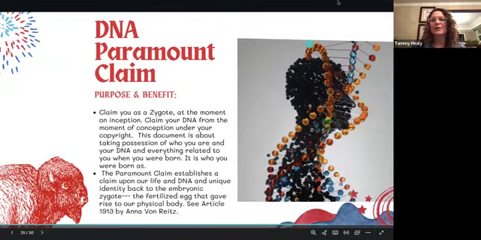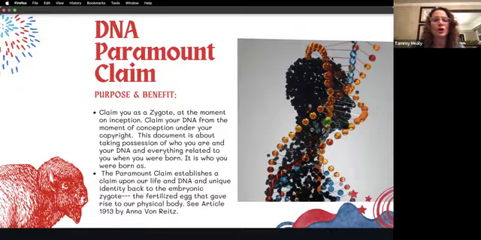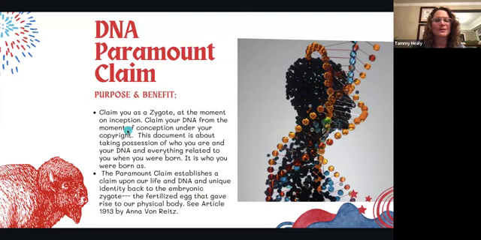All right, this is important too. I love this one, especially because of the COVID shots and whatnot. This DNA paramount claim, the purpose and benefit is to claim you as a zygote at the moment of inception. Claim your DNA from the moment of conception under your copyright. This document is about taking possession of who you are and your DNA and everything related to you when you were born.